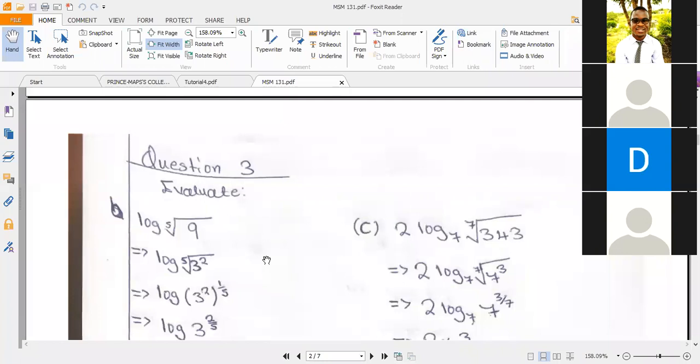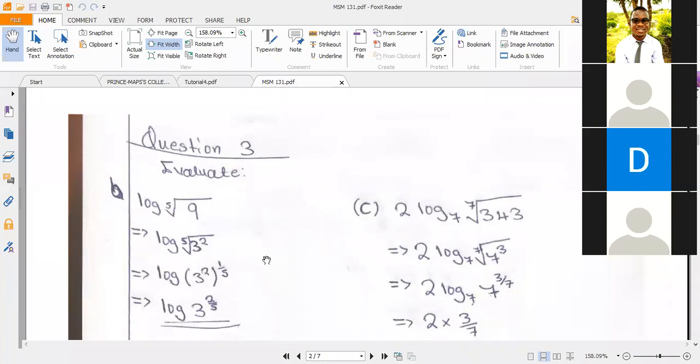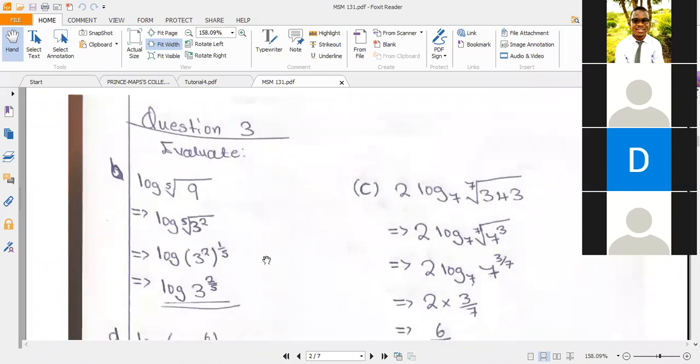Question 3, evaluate. We want to evaluate log. If we are not given the base, the base is 10. So it's log of the fifth root of 9. You notice that 9 can be written as 3 to the power 2, and the fifth root of anything can be written as that number to the power 1 over 5.